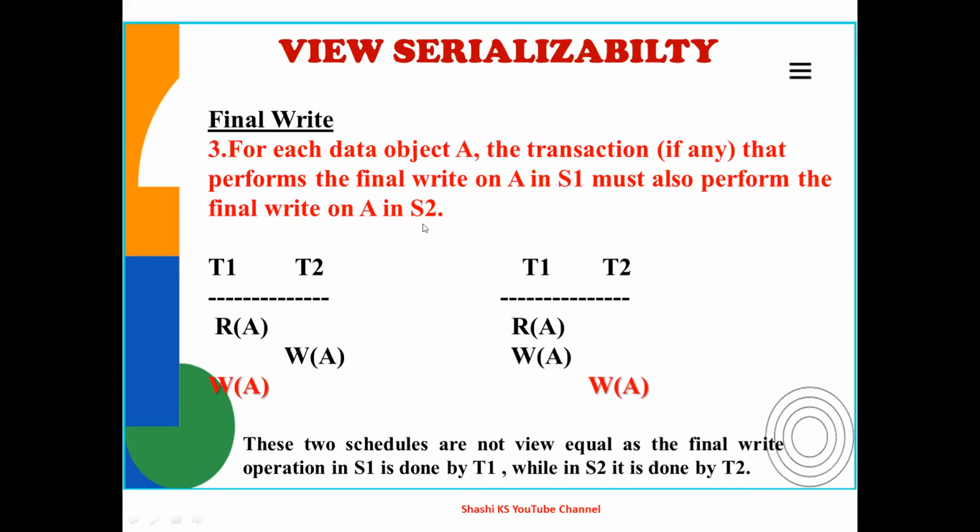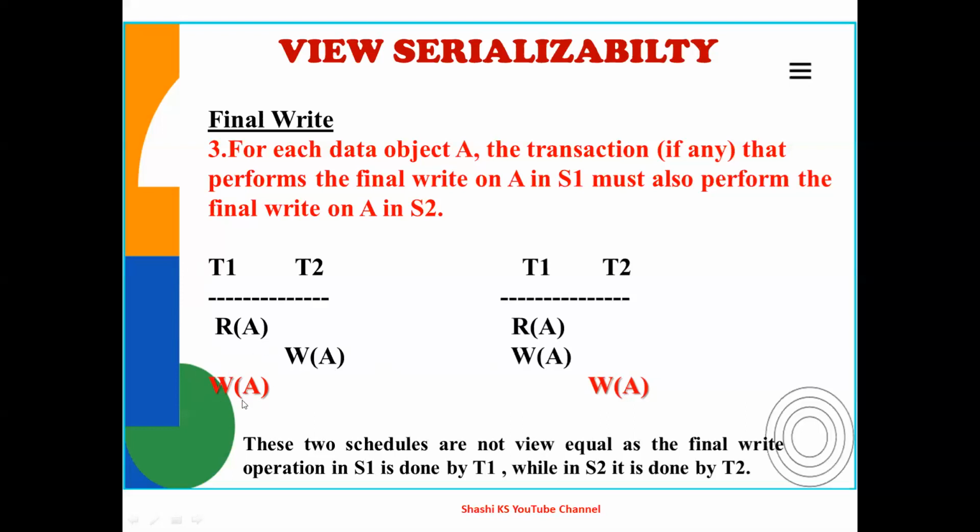What is the meaning of this? I have two schedules here. This is the first schedule and this is the second schedule. There are two write operations here, one in transaction T1 and another in transaction T2. Time is progressing in this direction, increasing.